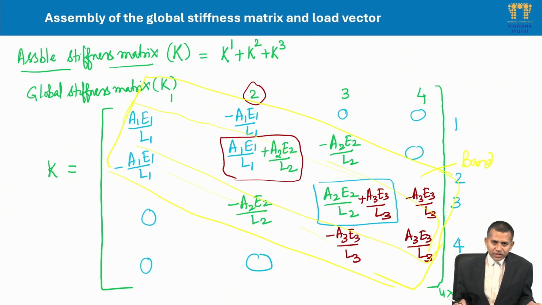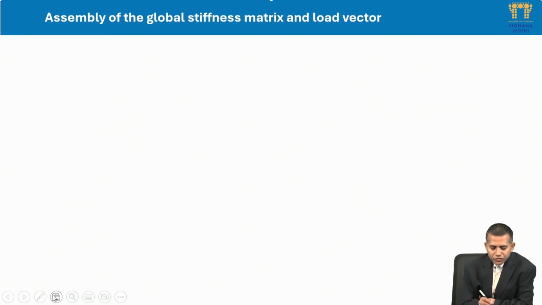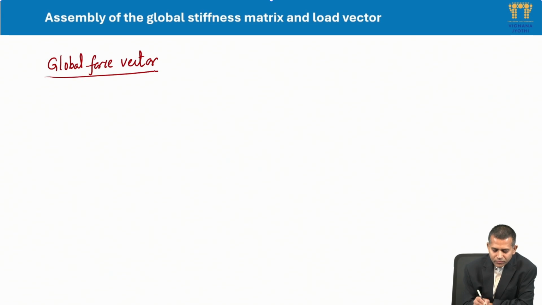So once we understood this global stiffness matrix, if you want to write the global force vector, it has body force, tractions and point loads, right?